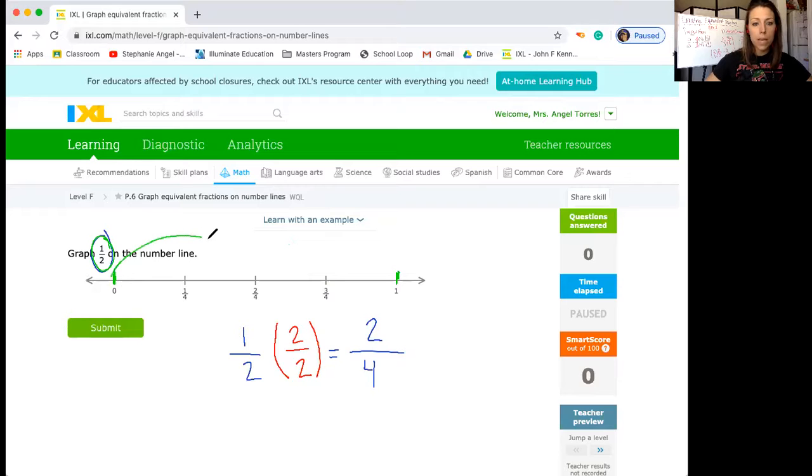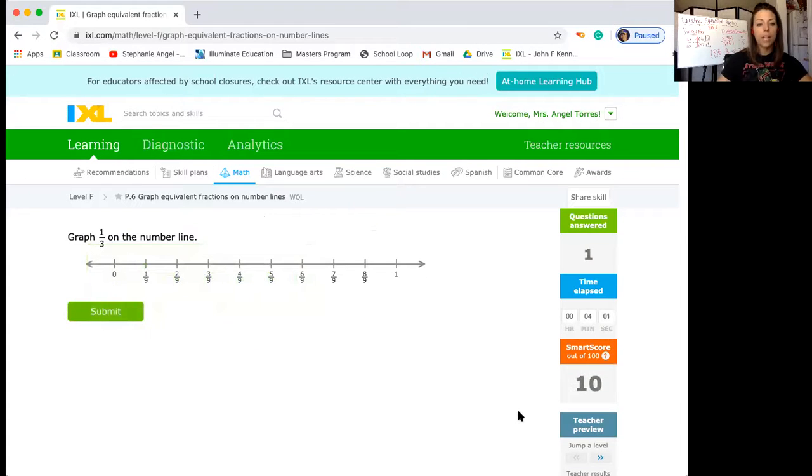No. So the only way to make 2 equal sized jumps is to jump to 2/4 and then 1/2, which means since it took 2 equal sized jumps to get from 0 to 1, this is where we would put 1/2 on the number line. In either way, it both shows you the same idea, that the correct answer here is 2/4.